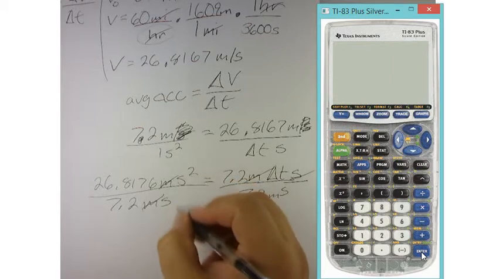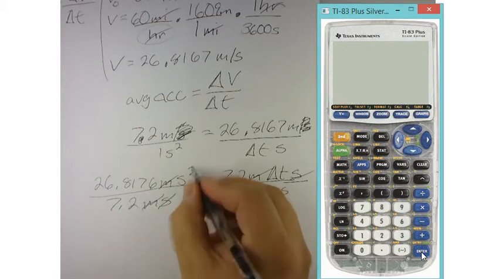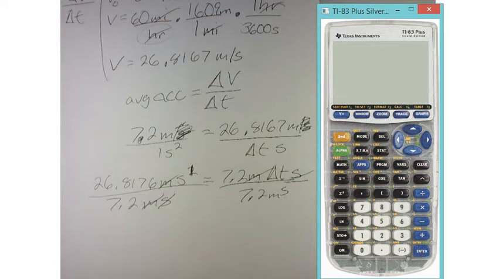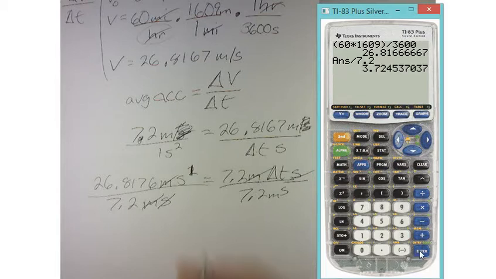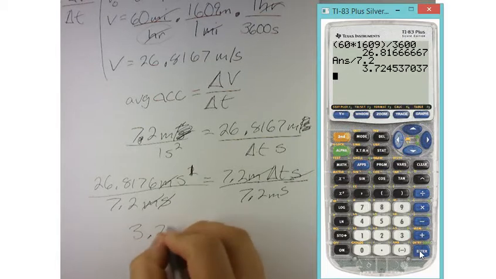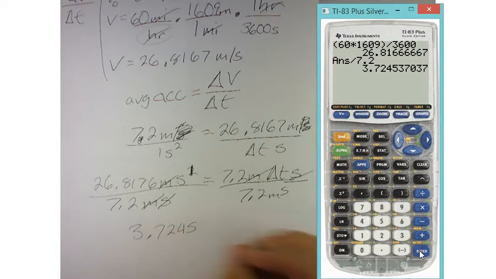What happens? One of these cancels with one of these. And so my final answer should be 26.816, all that stuff, divided by 7.2, right? Right. And I get 3.7245 seconds equals delta t.